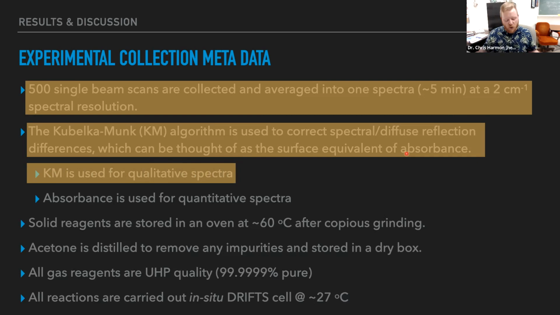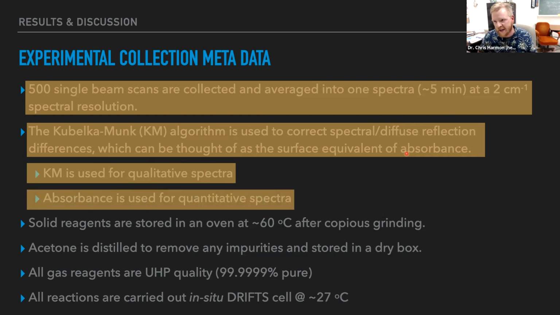And so I don't want to spend a whole lot of time talking about the theory of Kubelka-Munk. It can be kind of thought of the surface equivalence of Beer's law, but it's not very good at being quantitative. However, it is really good at making lovely flat baselines so that we can see a survey spectra nice and resolved. We're going to use the absorbance algorithm for quantitative spectra.